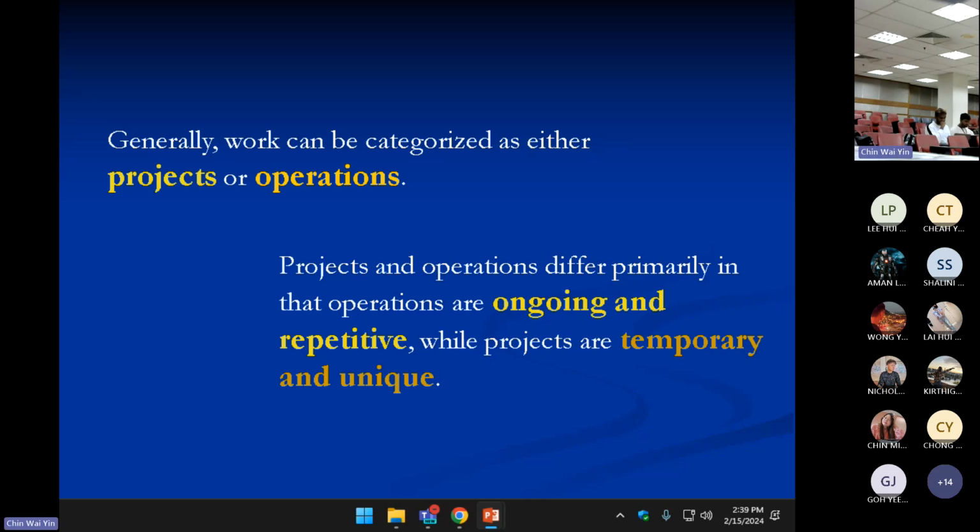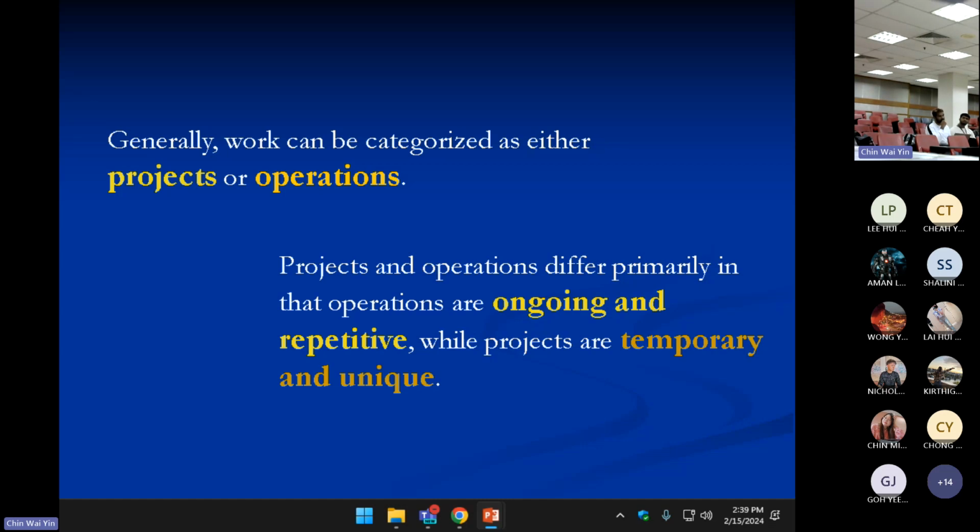Projects are temporary, and they have a start date and end date. Not only that, the operations of a company are repetitive. Every semester, lecture, tutorial, test, project, sit for exam, get a result, next semester repeat again. So every day is the same thing. What does the finance department do?